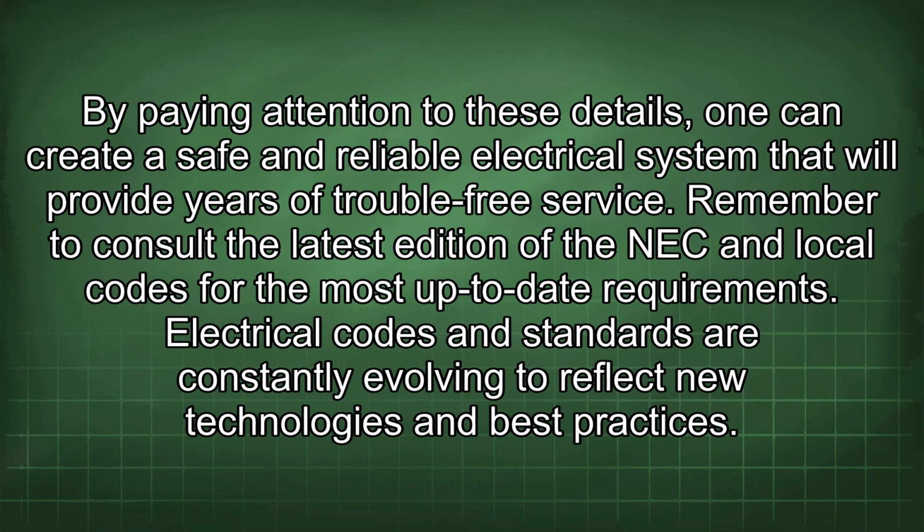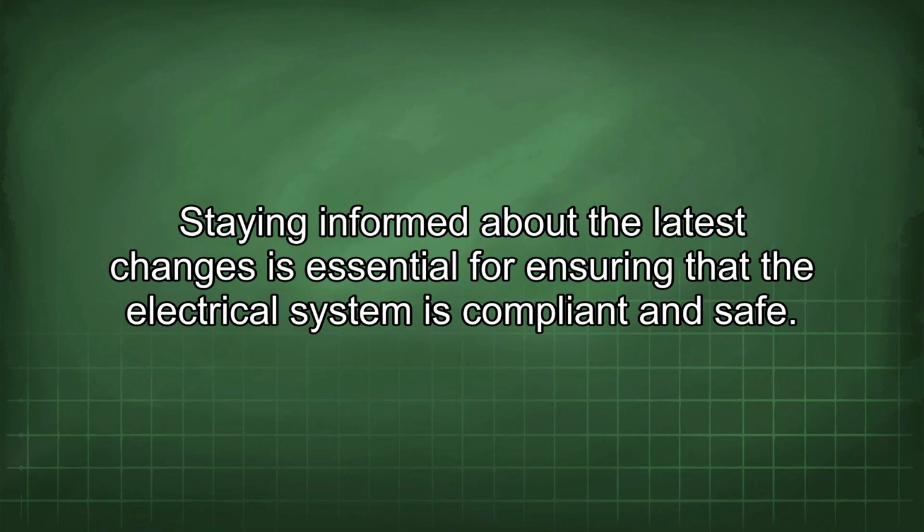By paying attention to these details, one can create a safe and reliable electrical system that will provide years of trouble-free service. Remember to consult the latest edition of the NEC and local codes for the most up-to-date requirements. Electrical codes and standards are constantly evolving to reflect new technologies and best practices. Staying informed about the latest changes is essential for ensuring that the electrical system is compliant and safe.